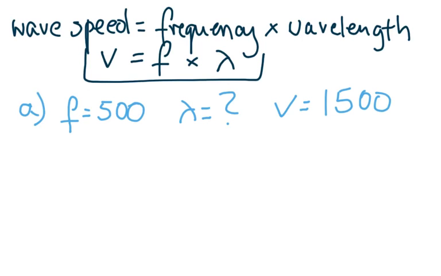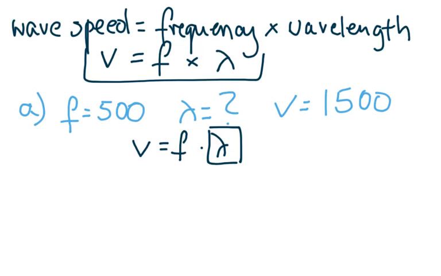Okay, then I will rewrite the formula right here. And this letter that has a question mark, in a cube, is lambda in our case, which is actually the wavelength.